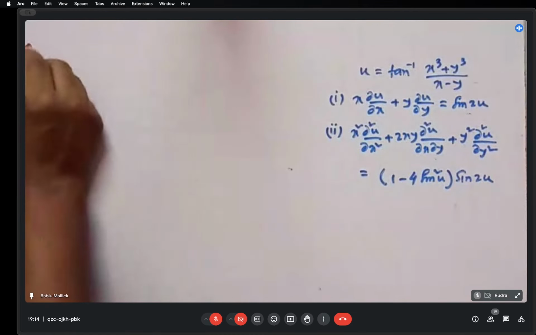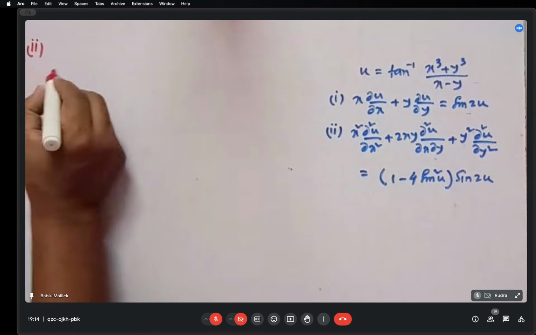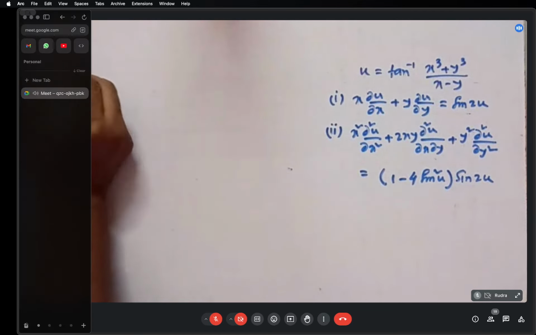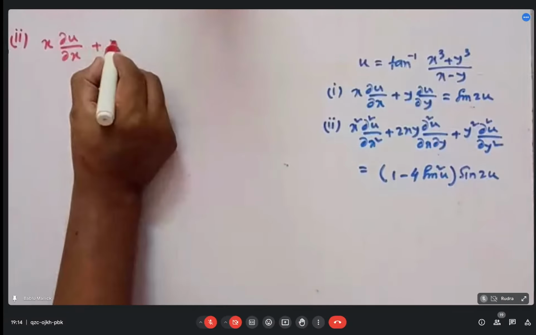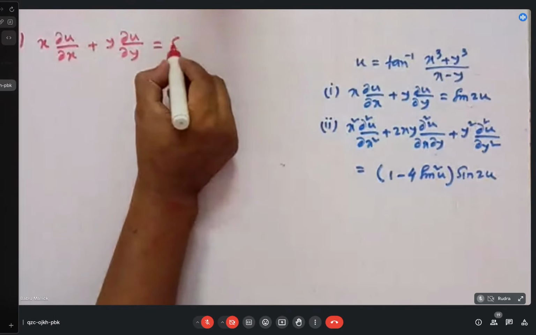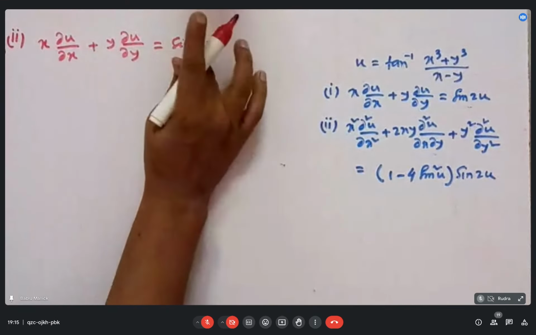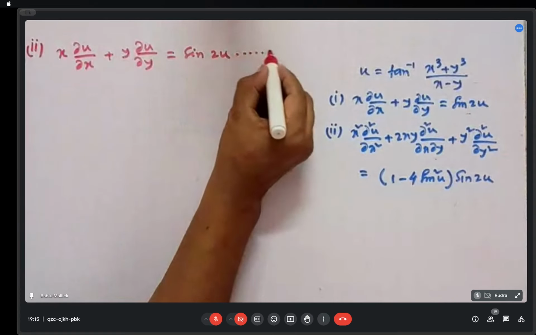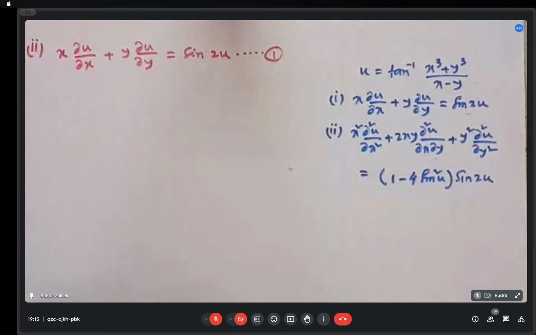Now write number 2: we have x into del u del x plus y into del u by del y is equal to sine 2u. This is number 1: x into del u del x plus y into del u del y is equal to sine 2u.